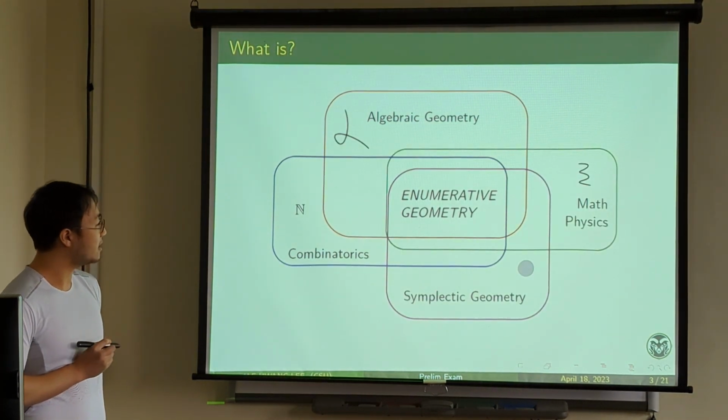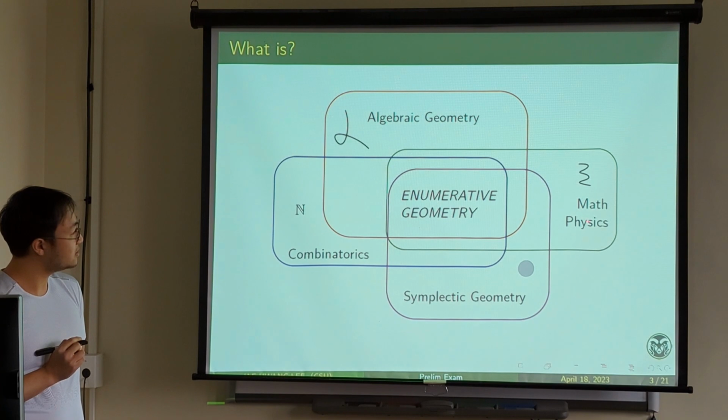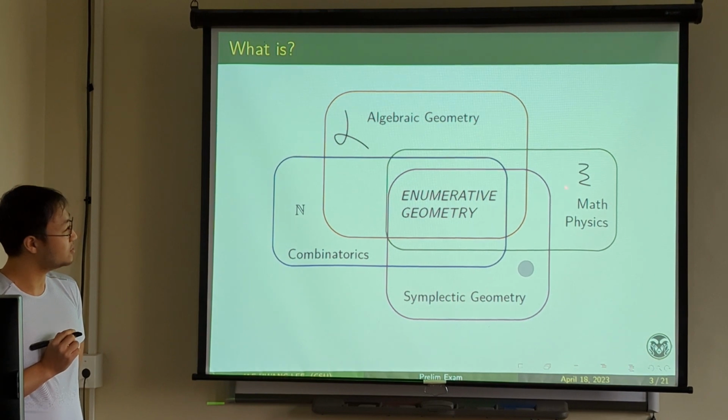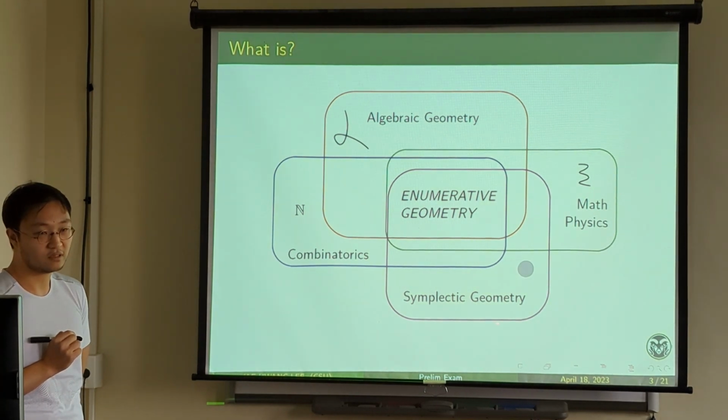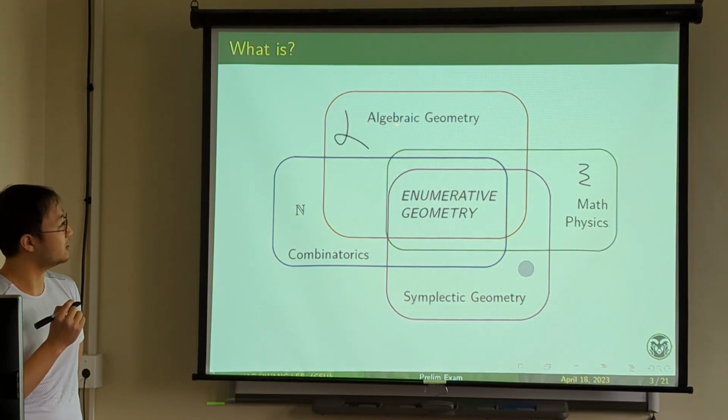So here is the diagram for enumerative geometry. In math physics, there is string theory that studies strings. A string is related to a pseudo-holomorphic curve on the symplectic geometry side first, and then people thought it would be okay to work in a setting in algebraic geometry.